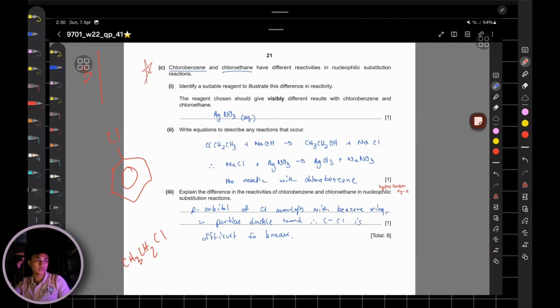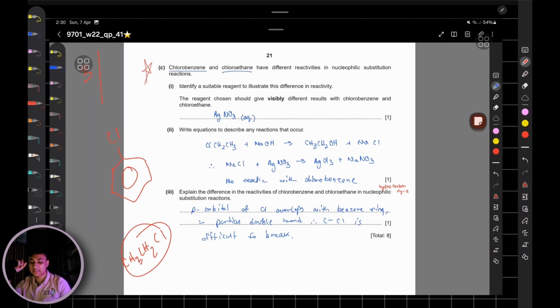Now, in general, you know that chlorobenzenes are very strongly bonded. That is, the Cl atom is very strongly bonded to the benzene structure due to the p orbital overlap, which is why these are very unreactive. However, in case of chloroethane, substitution reactions can take place.